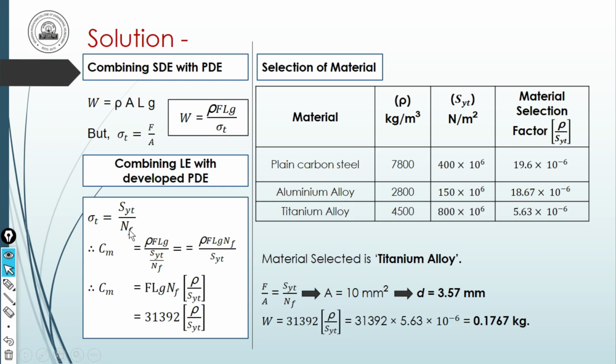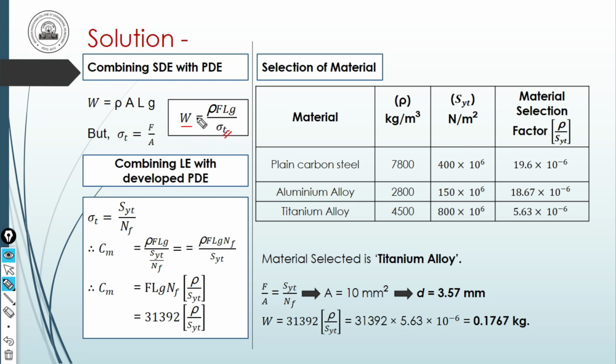Now why it is written as SYT by NF? Because in the developed PDE for W, this W is inversely proportional to this sigma T, correct?